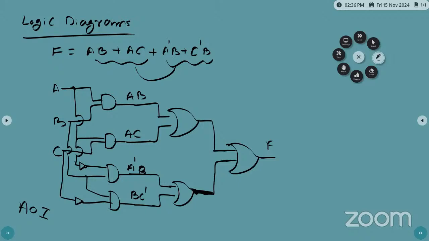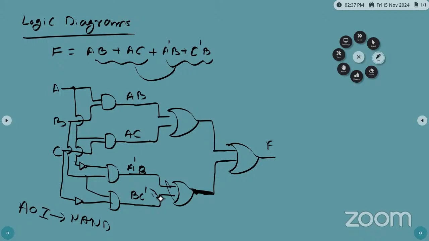Now this AOI logic we need to convert into NAND logic, using only NAND gates. This concept is not required, I am saying it for knowledge purposes. Here there is an AND gate; in this AND gate you can use the NAND gate equivalent.